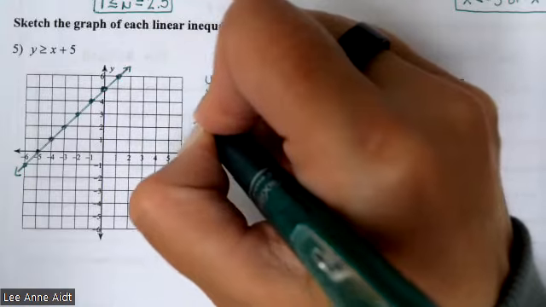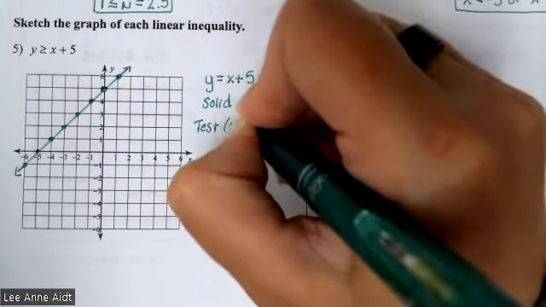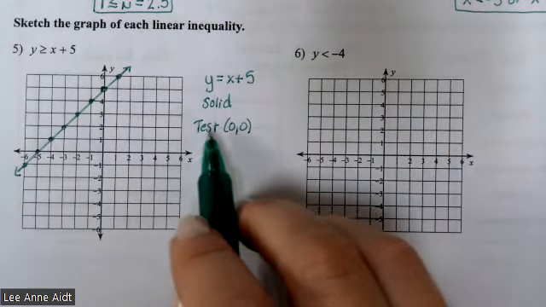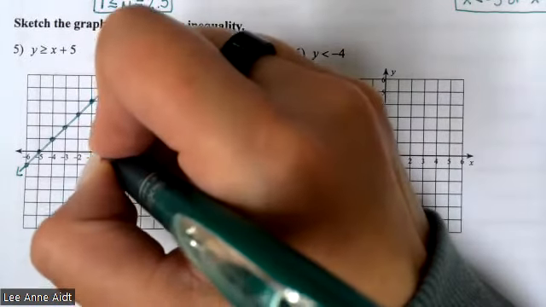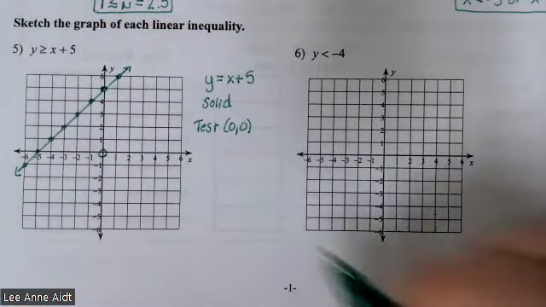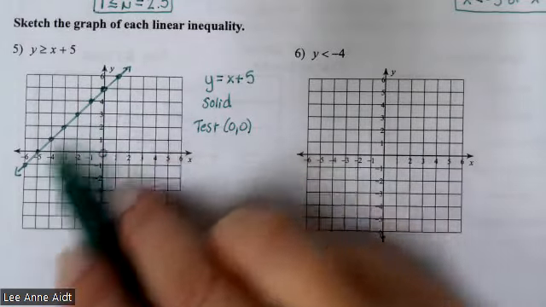Okay, and then I can test any point that's not on the line. 0, 0 is my favorite. I always choose it if I can, and I can because it's not any of these.